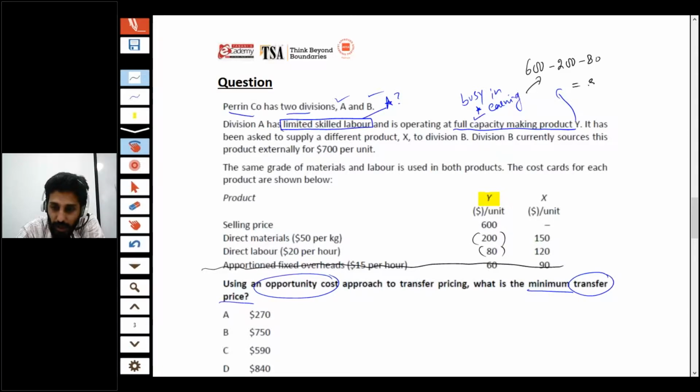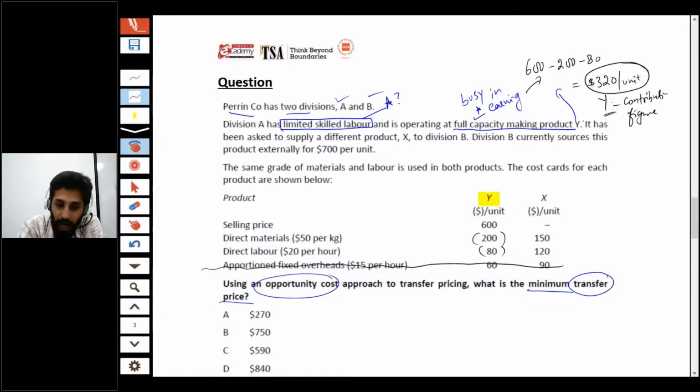So you are currently earning 320 per unit. You are currently busy in earning $320 per unit from product Y. It's the contribution figure. All right.